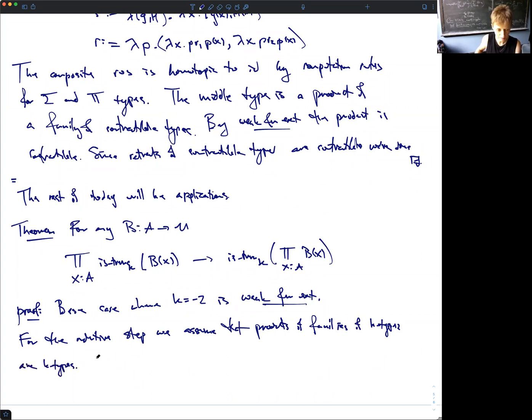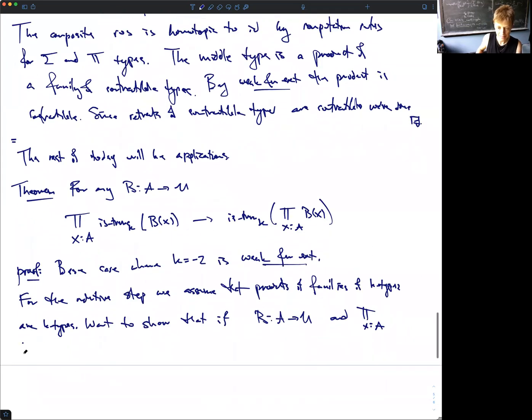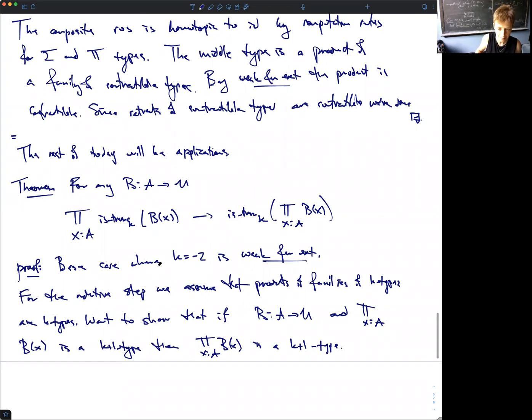And we want to show that if B is a family and for all x in A, B of x is a k+1 type, then this product is a k+1 type. Okay, so what does it mean for a type to be a k+1 type? By induction, that meant that its identity types are k-types.